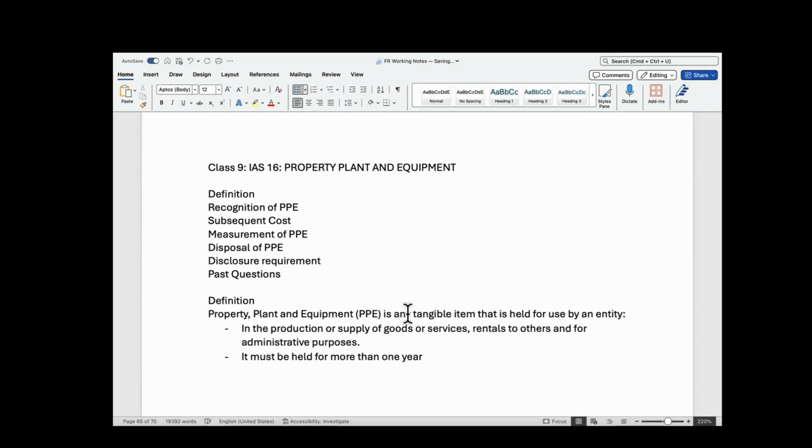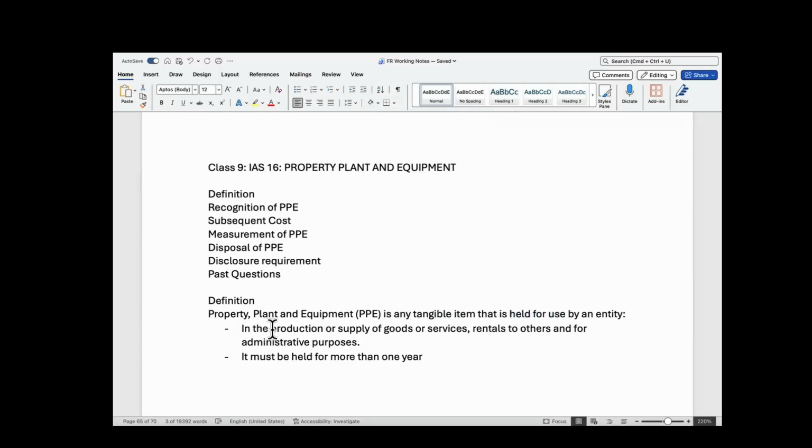Now, it's expected that we all know this definition. It says PPE is any tangible item. And everybody knows when we say something is tangible, it means something that you can physically touch. That's the tangibility there. So any tangible item that is held for use in the sense that you don't have the intention of selling it. You are holding it to use it. And use it for what?